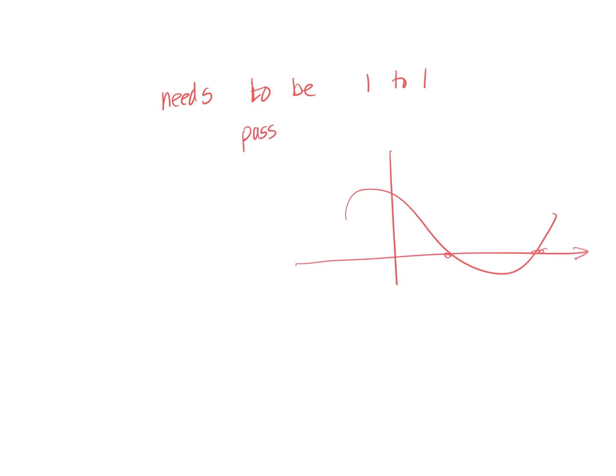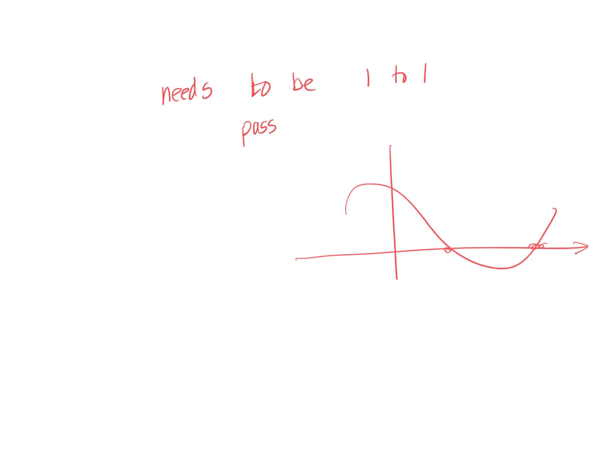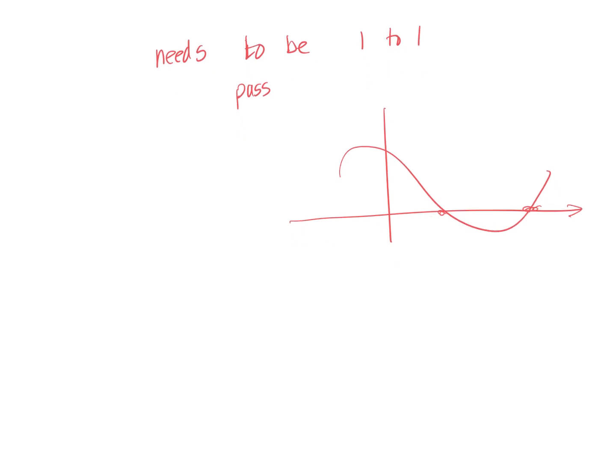So that one fails the horizontal line test. So it may not have a well-defined inverse. It could have inverses on sections of the graph, but not a well-defined inverse throughout the graph. Both vertical and horizontal line test.